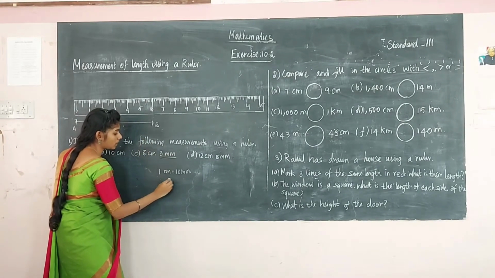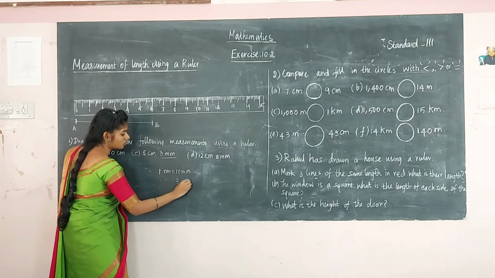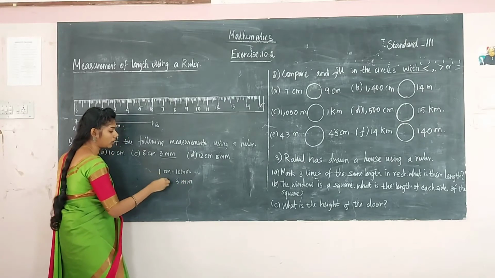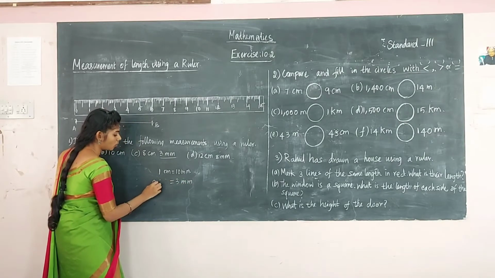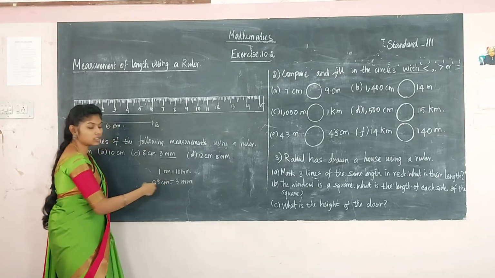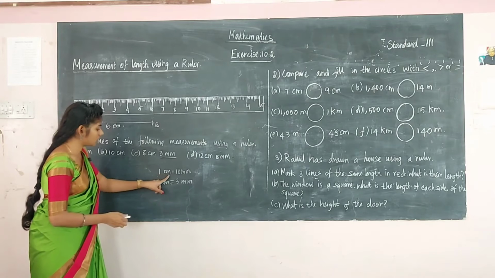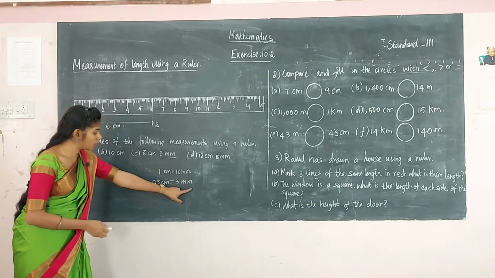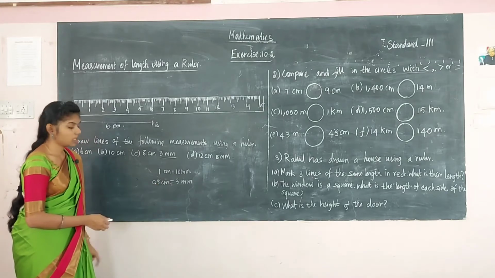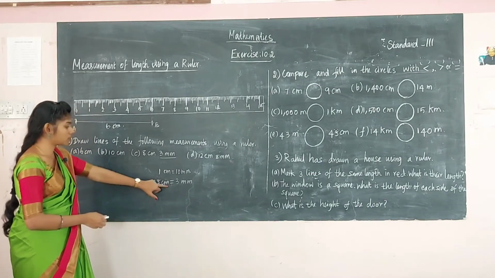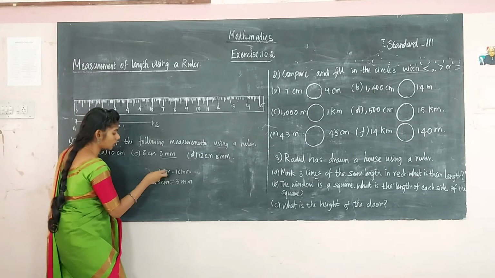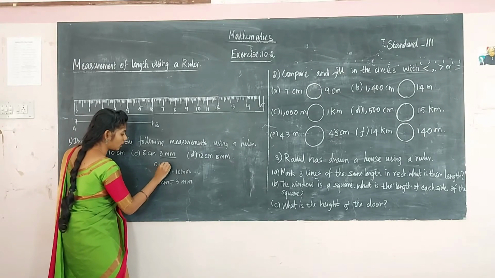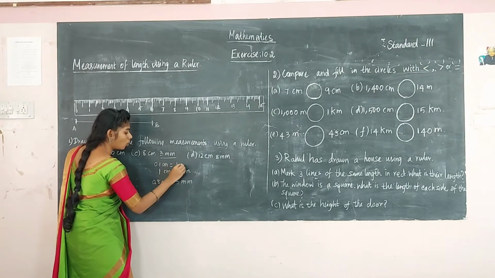If it is 3 millimeter, while converting it will come to 0.3 centimeter. See here, 1 centimeter means 10 millimeter. If it is 3 millimeter, it means 0.3 centimeter. Here 0.1 centimeter is equal to 1 millimeter.